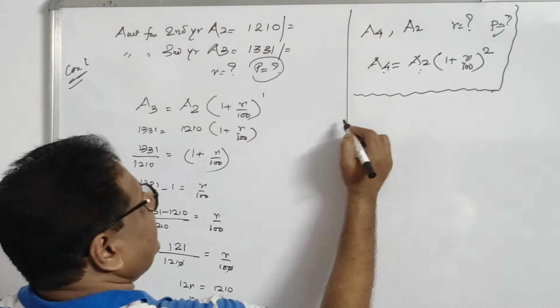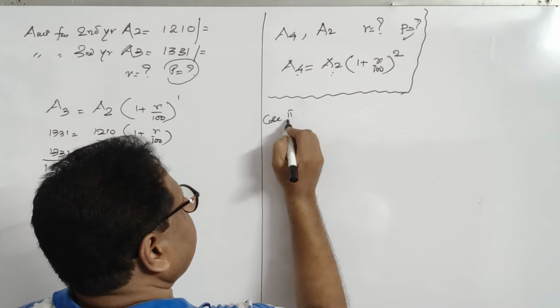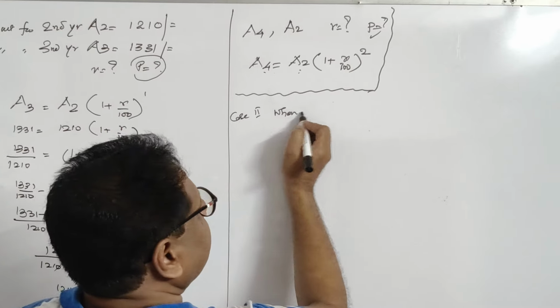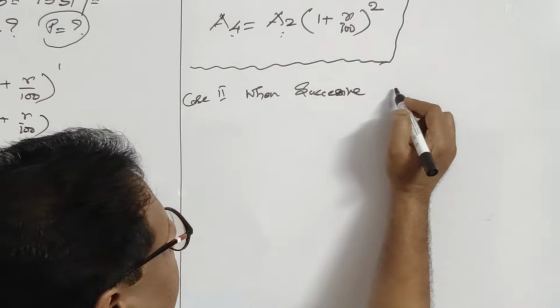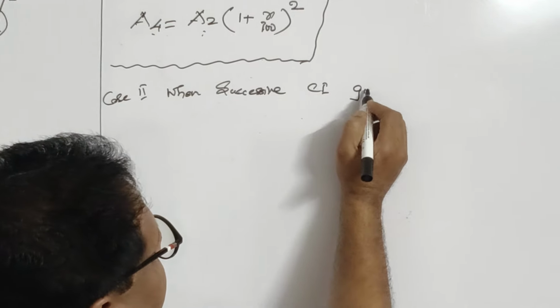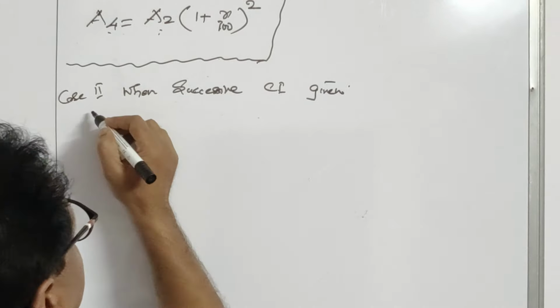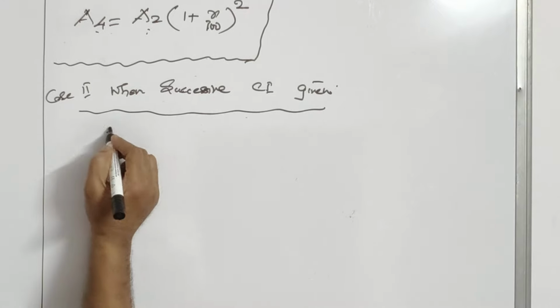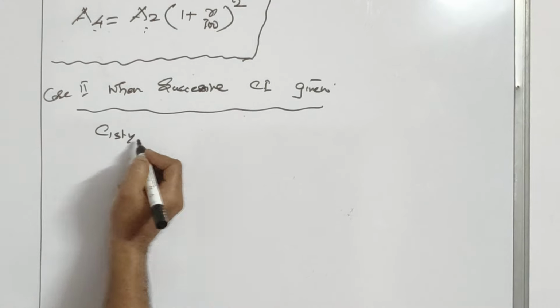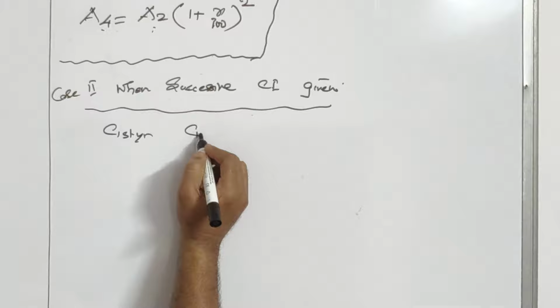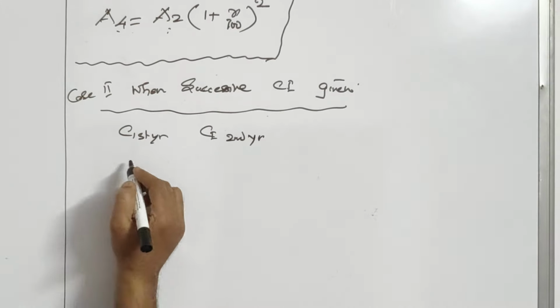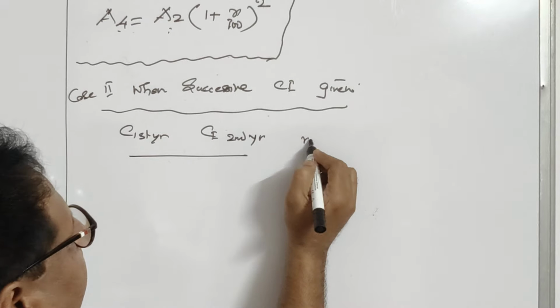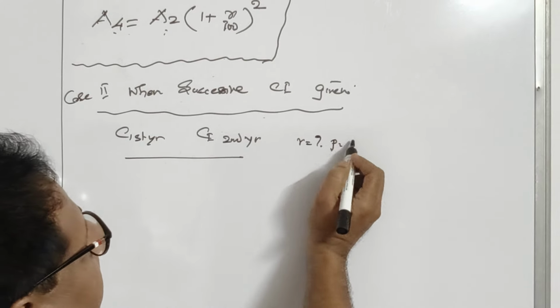Okay. Now let's apply case 2. When successive CI are given, okay, then what to do? Suppose you are given CI for first year, CI for second year, and you have to find the rate of interest and principal.